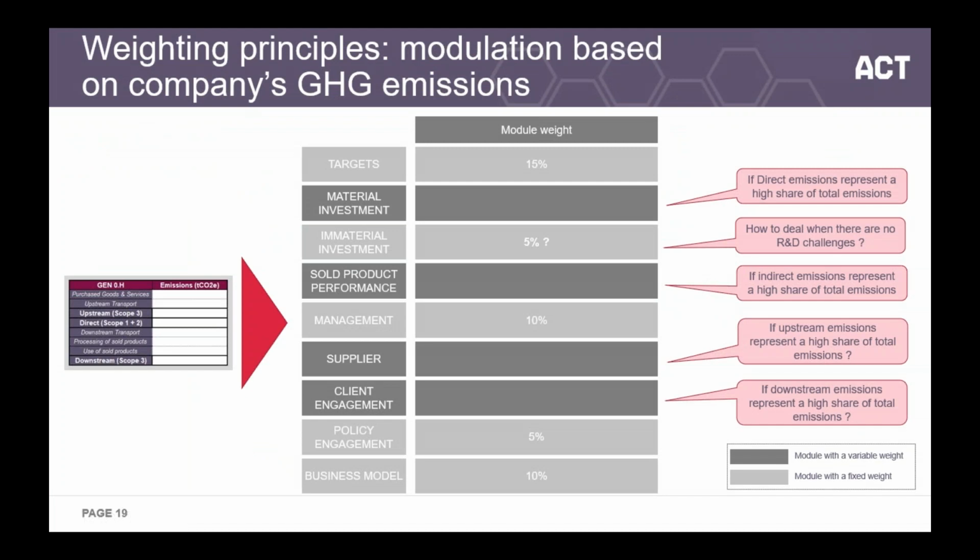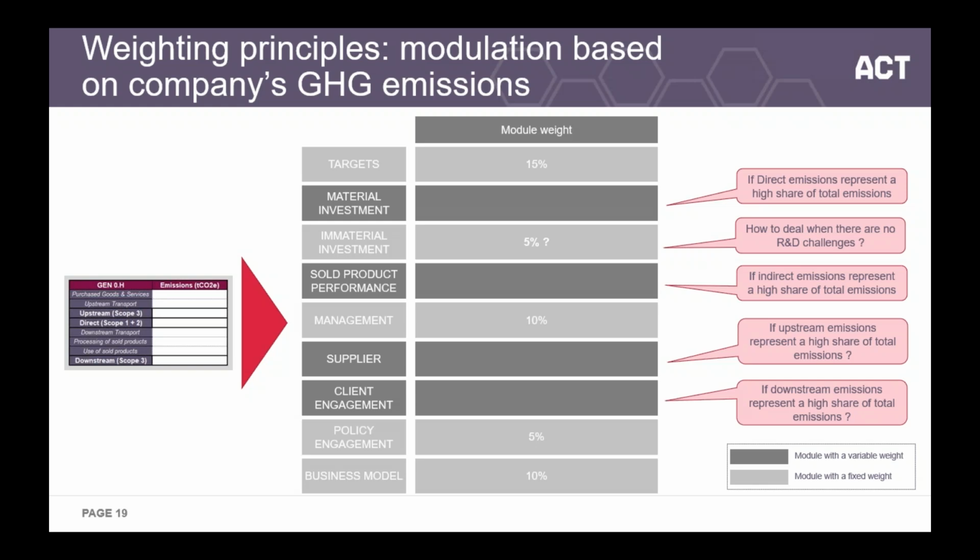So based on this pre-assessment and based on the profile of the company, the idea is to have a modulation of the weighting of the 9 modules that Esther presented just before.